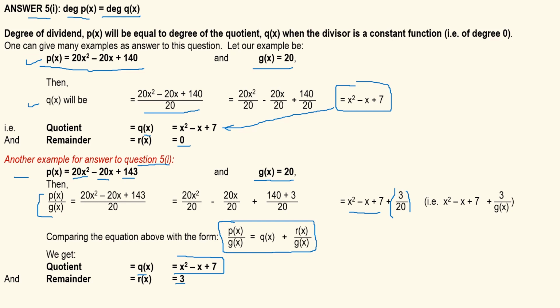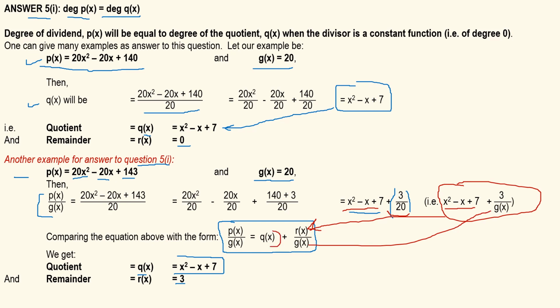And this is there because if we compare this equation x square minus x plus 7 plus 3 by 20, which is of the form x square minus x plus 7 plus 3 divided by g(x), we can see that the g(x) is the same, q(x) is the same as x square minus x plus 7, and 3 will be the r(x), that is the remainder.